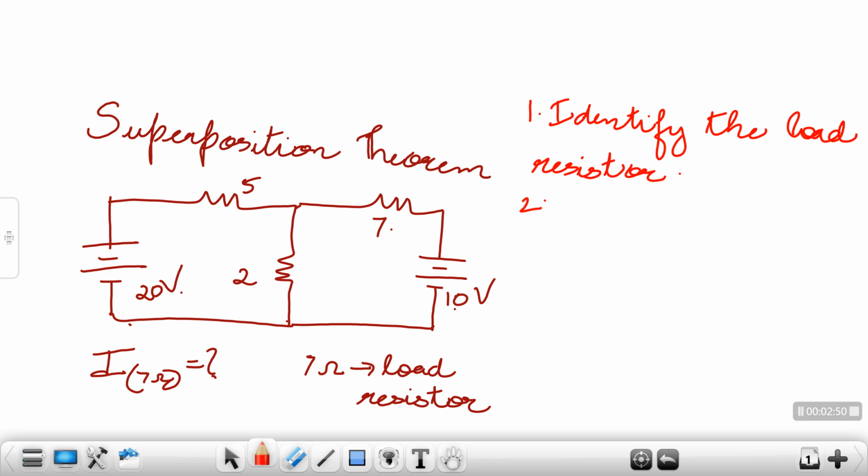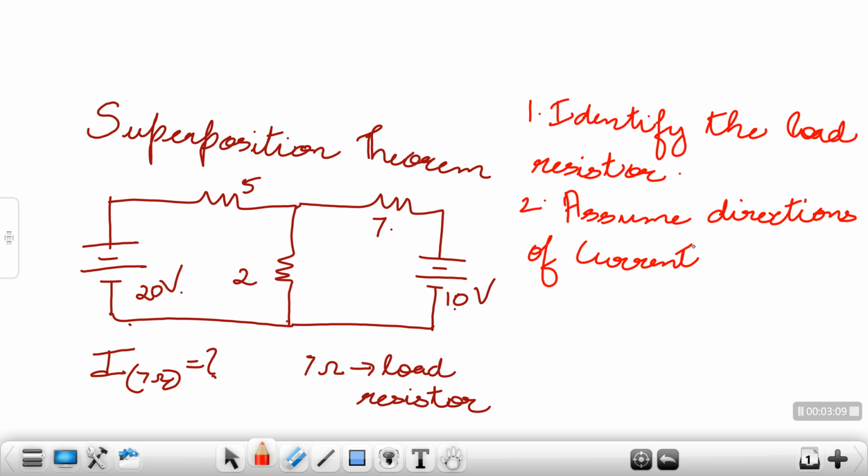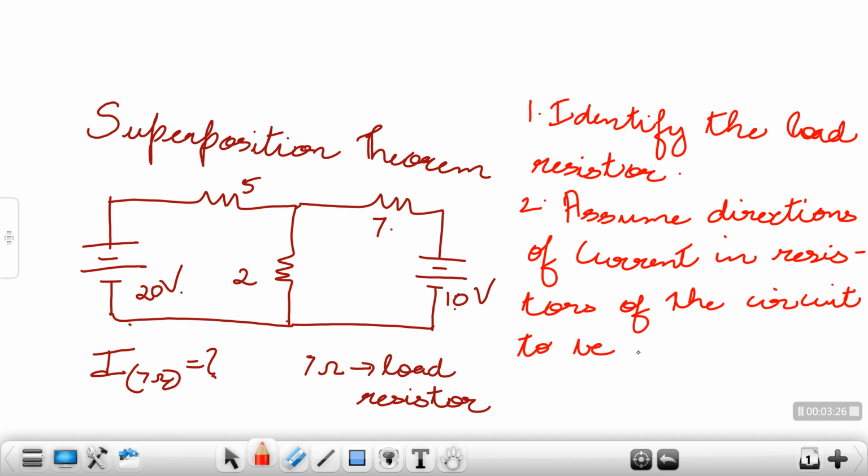Step 2 would be, for the given circuit, you assume the directions of currents in the resistors of the circuit to be clockwise.